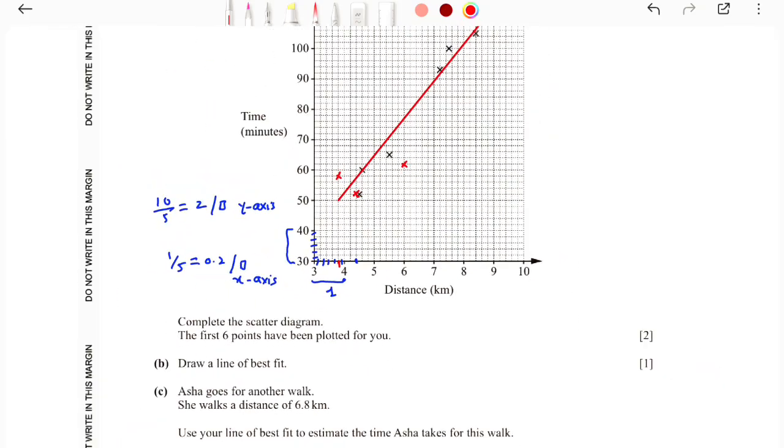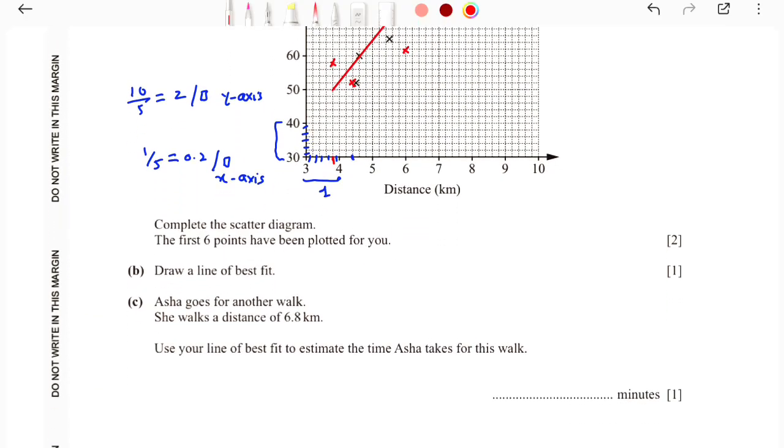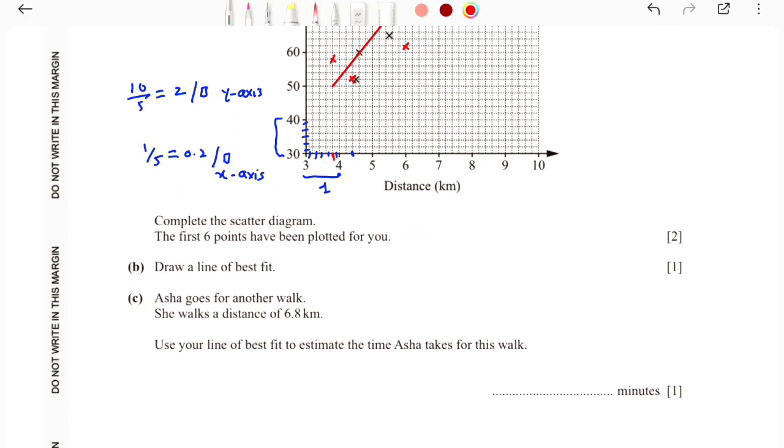Now Asha goes for another walk. She walks a distance of 6.8 kilometer. Use your line of best fit to estimate the time Asha takes for the walk.